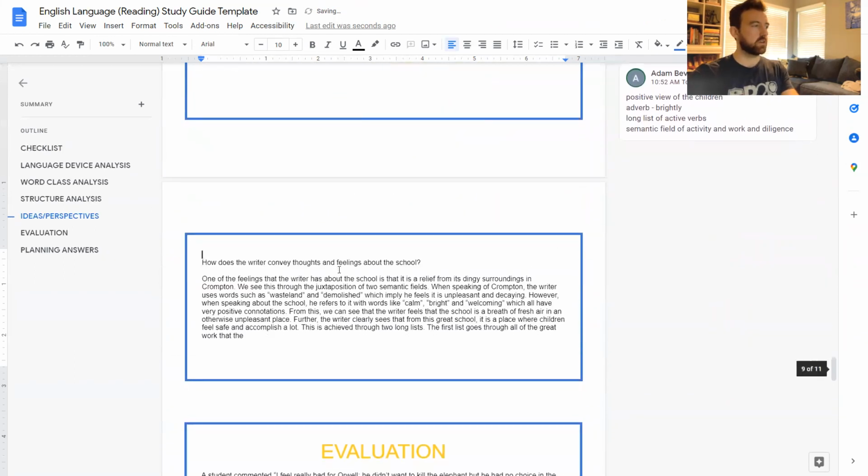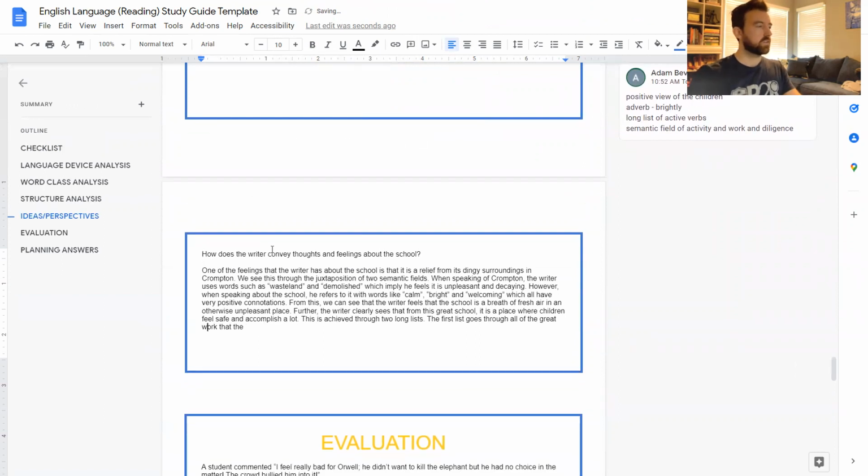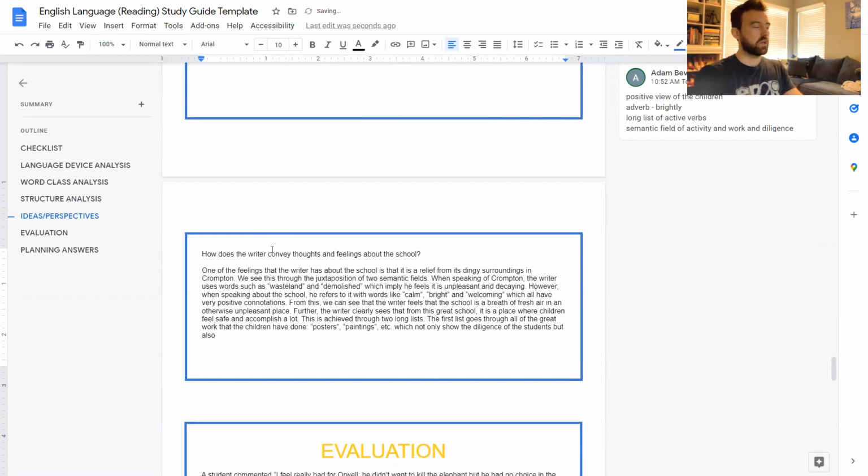Let me just move this down. There we go, so it's nice and easy. Work that the children have done, so we've got posters, paintings, etc., which not only show the diligence, which just means hard work, by the way, of the students, but also brighten up the school and give it a sense of life.